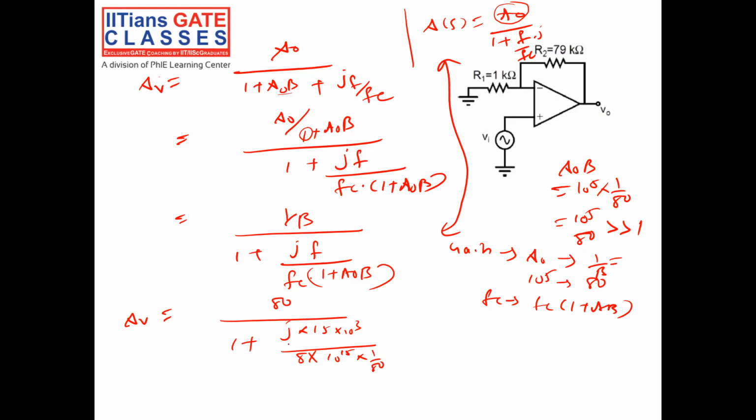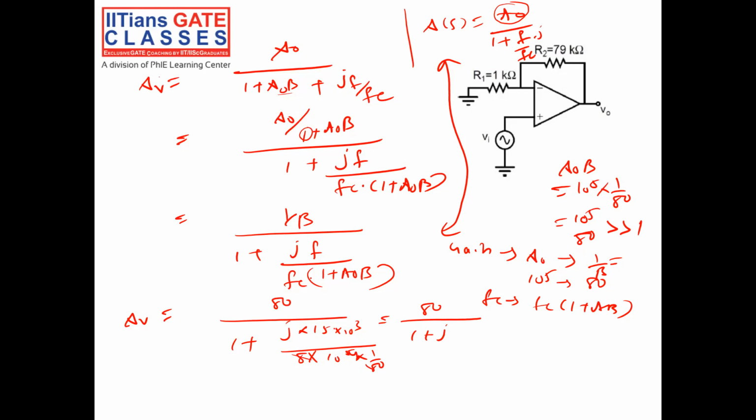So Av is equal to 80 divided by 1 plus j into 10 to the power of 5, the 80 and 8 get cancelled, and 10 to the power 4.